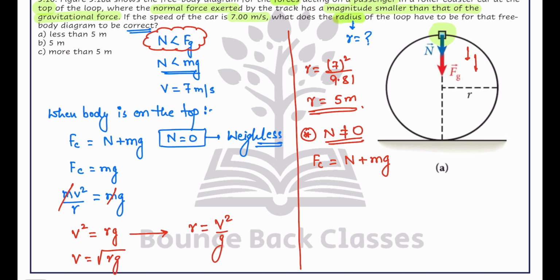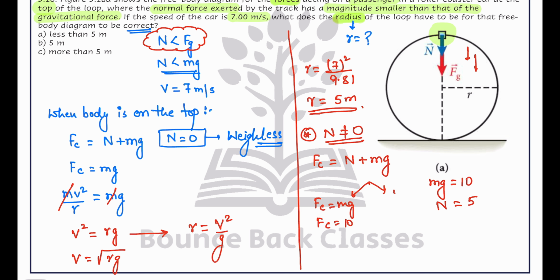Let's say your mg is 10 and N is 5. Now you have to understand two cases, before and after. Before, Fc is only mg, so Fc equals 10.